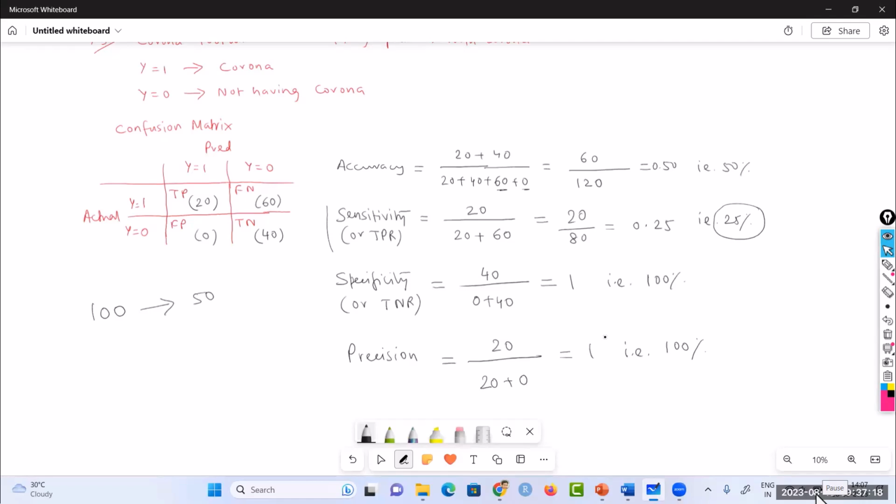So this is an important metric for this scenario. We want this sensitivity to be higher. Now here specificity doesn't play an important role. True negative rate means out of patients who do not have corona, how many are predicted as not having corona by my corona toolkit? Not that important here. So this is how we need to identify the different metrics.